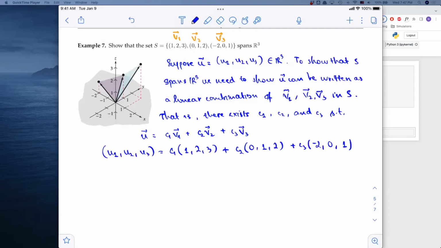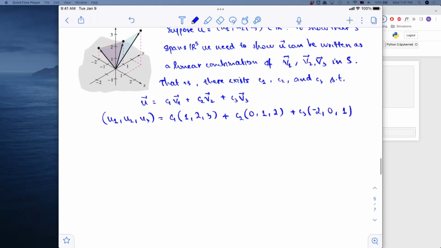All right, so from this vector equation, we're going to form a system of three linear equations with three unknowns, C1, C2, and C3. Right? And again, in this case, even though we don't write down the explicit values of U1, U2, and U3, we suppose that we know them. The unknowns are C1, C2, and C3.